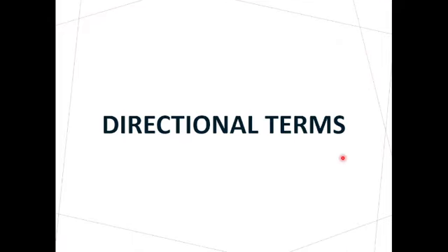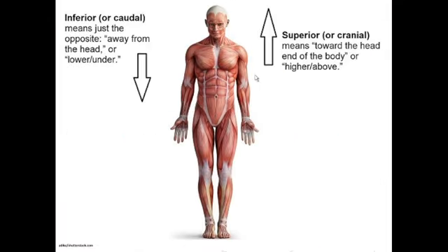So first of all, let's talk about directional terms. First, we have inferior, which means away from the body or lower. So when we talk about the lower parts, you can just call it inferior. And when we say superior, in real life situations you think he or she is way up.